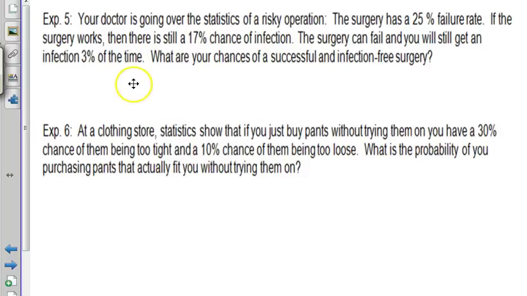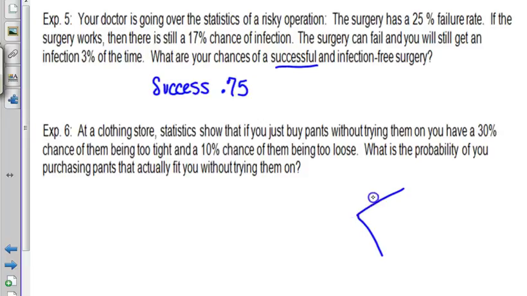What's the chance of a successful surgery? 75, right? Infection-free.